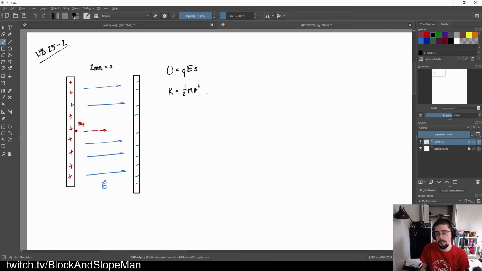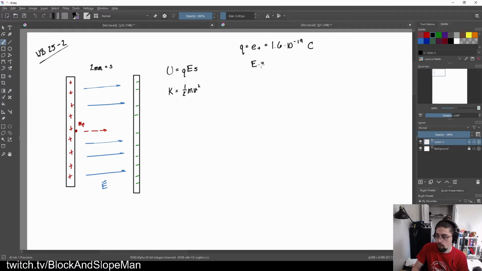Now, I know it's a proton, so I know the mass of the proton and the charge of the proton. They give me the spacing, 2 millimeters. I have the electric field as 50,000. Let's go ahead and write these things out while we're at it. So my charge of the proton is 1.6 times 10 to the negative 19th coulombs. Units are important.